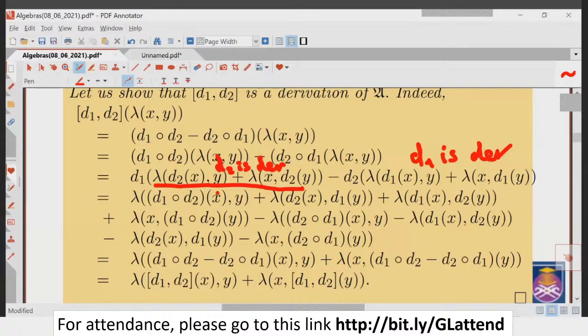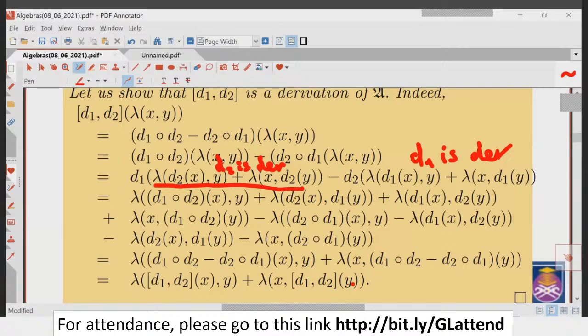So you will get the Leibniz rule: the bracket applied to the product is [D1, D2](x) y plus x [D1, D2](y).